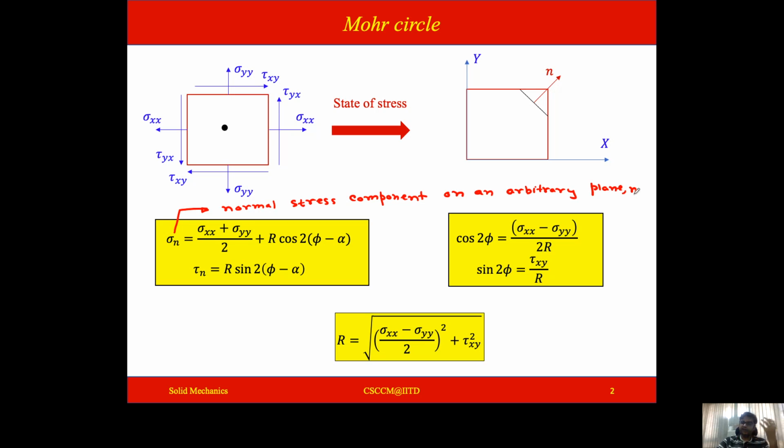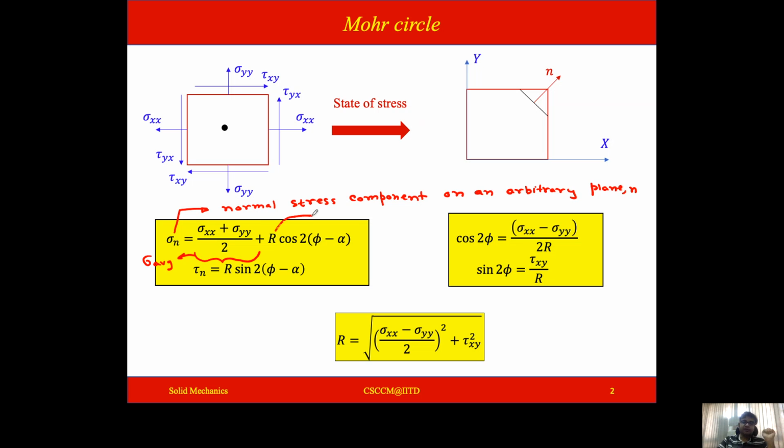That is what sigma n is, and we found out in Friday's lecture that sigma n is equal to sigma average, which is sigma xx plus sigma yy by 2. We denoted this as sigma average. So sigma n is sigma average plus r cos of 2 times phi minus alpha.